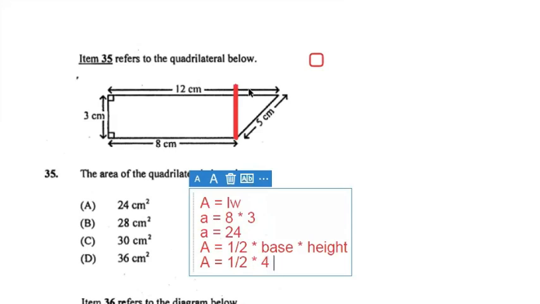So it is half multiplied by base, which is the 4, multiplied by height, which is the same height from this rectangular area, the left portion of the diagram, which is 3, and therefore area for the triangle portion is 6.